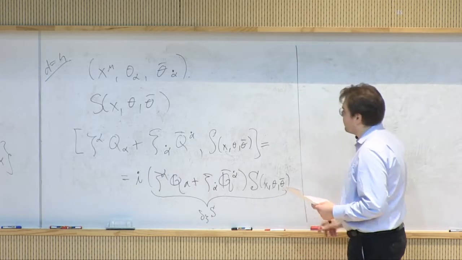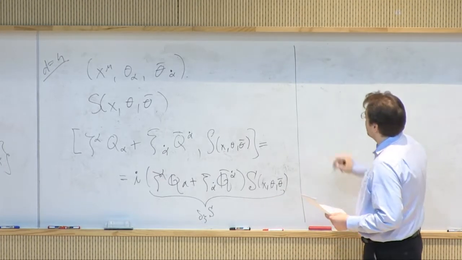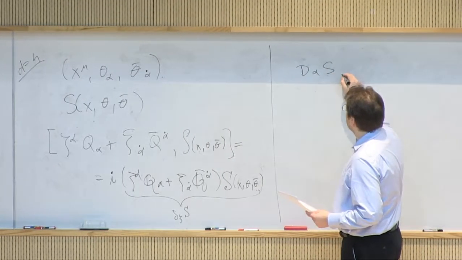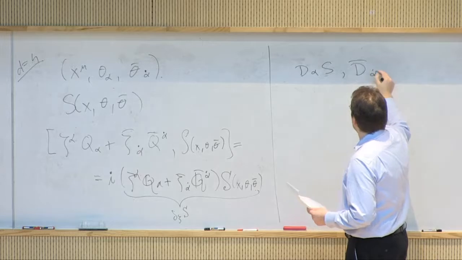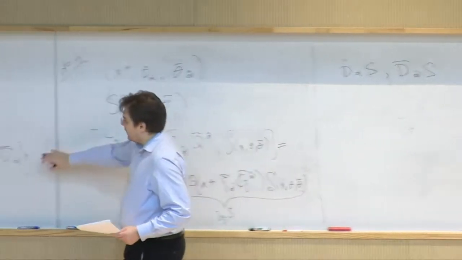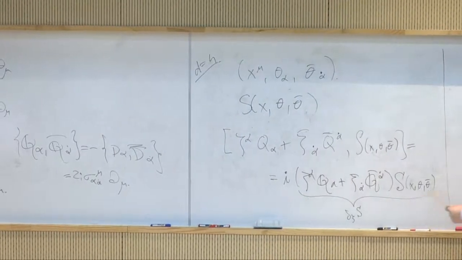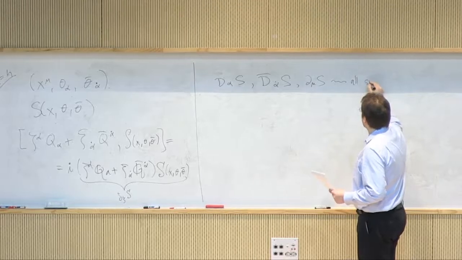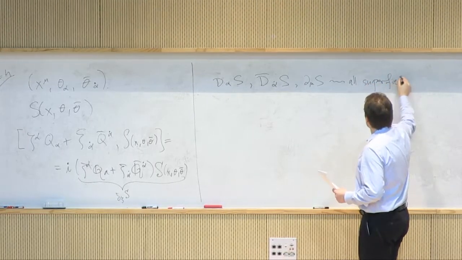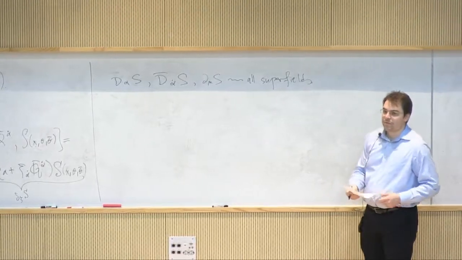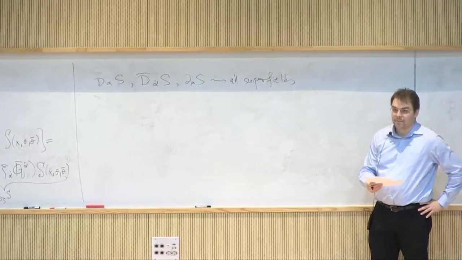But one thing that will be useful today is the statement that if S is a superfield, then the supercovariant derivatives of S are also superfields. And then using, for instance, this anti-commutator, it also follows that an ordinary derivative of S. These are all superfields. Okay, and similarly, products of superfields are again superfields.